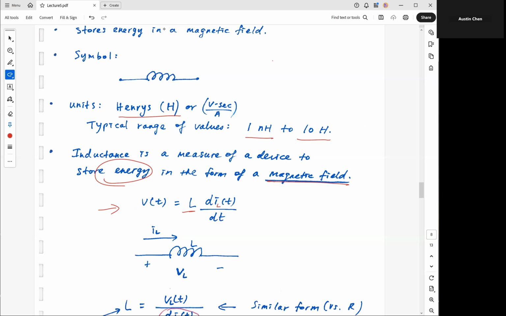And the reason that I say this inductor behaves similar to a resistor is that if you look at a resistor, by using Ohm's law, we know that V is equal to I times R, or I can say R times I. And if you compare this equation to this on the left, V is equal to L, the inductance, times not the current, but the change in the current with respect to time.